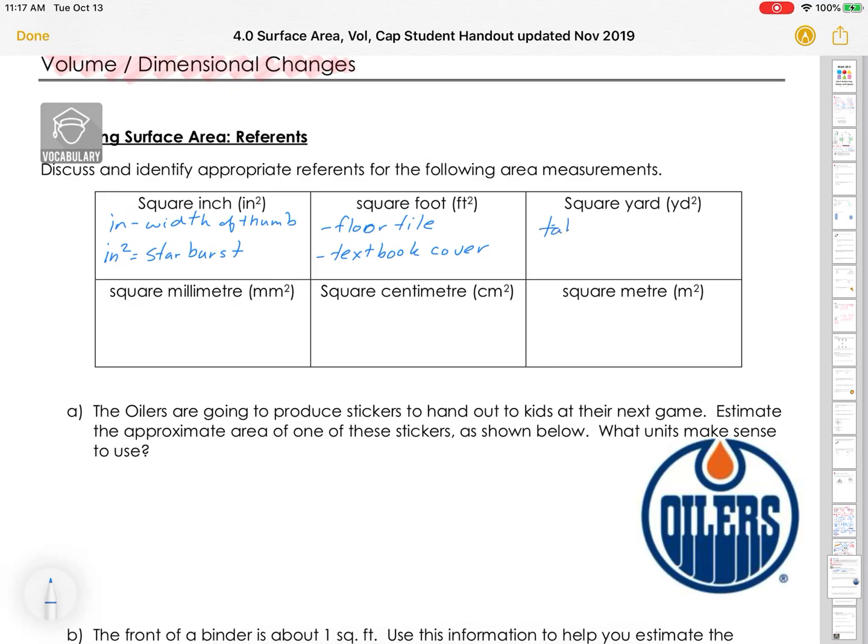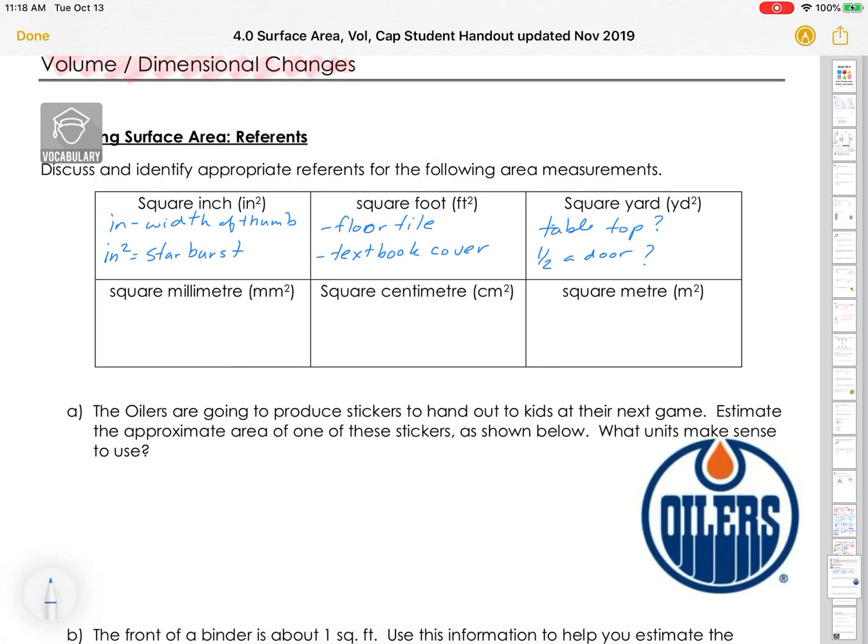A square yard, maybe a tabletop, like a kitchen tabletop, perhaps half a door. Again, they're not exact, but they might be close enough to give you an approximation of what we're talking about. Square millimeter.